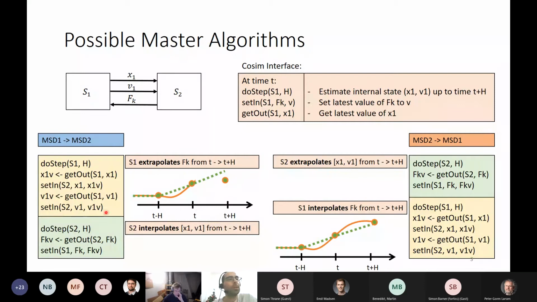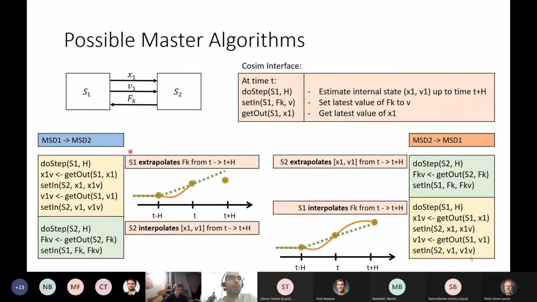What happens here is that the first FMU, because it's the first one to step, has from a time t to a time t plus h, to guess what would be the input behavior in the interval from t to t plus h. And it has no access to the value of the input at t plus h because it has to step first, therefore it has to extrapolate.